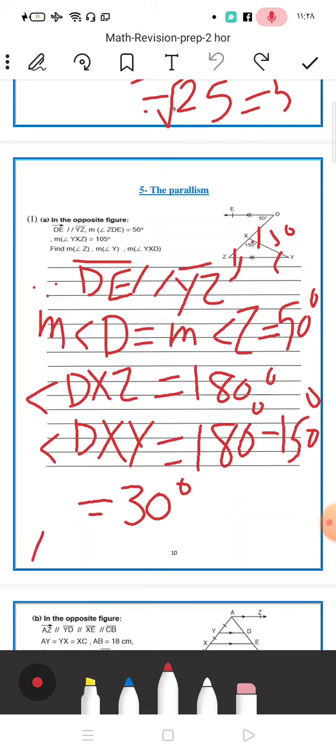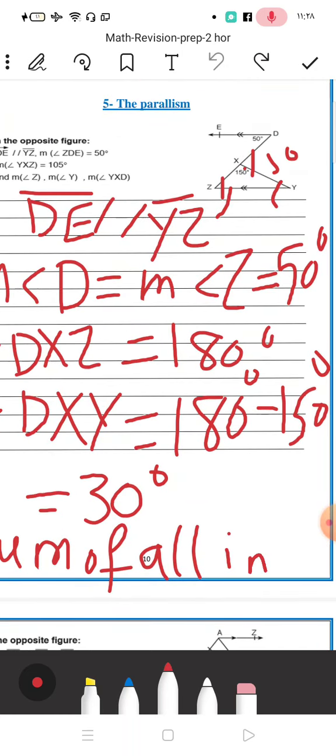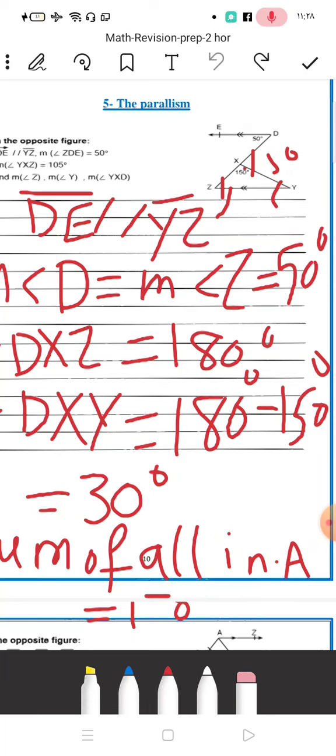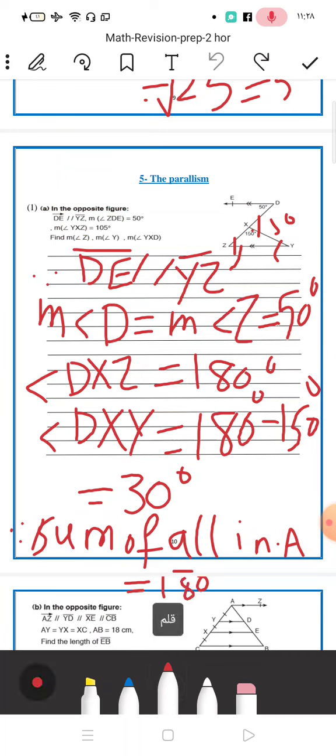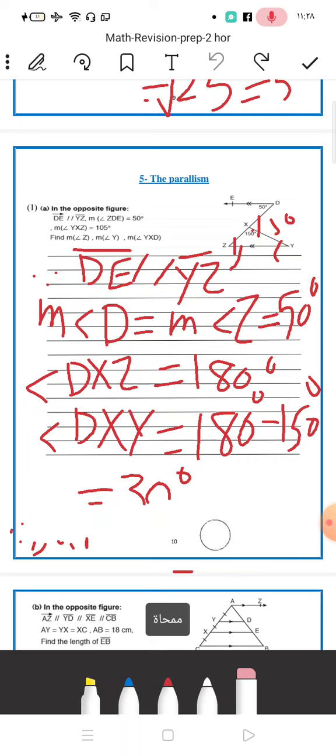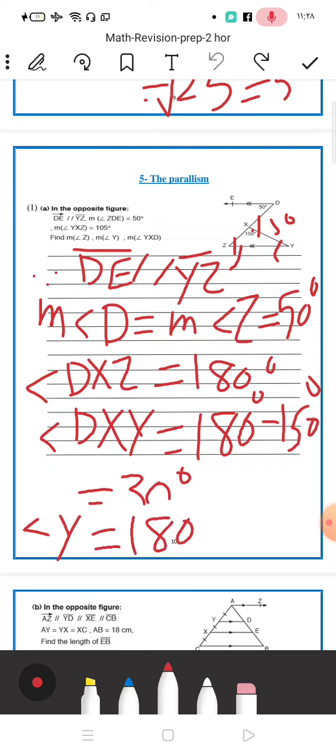So we can say, since the sum of all interior angles in each triangle equals 180, we can say the measure of angle Y equals 180 minus 150, 105, sorry, 105.